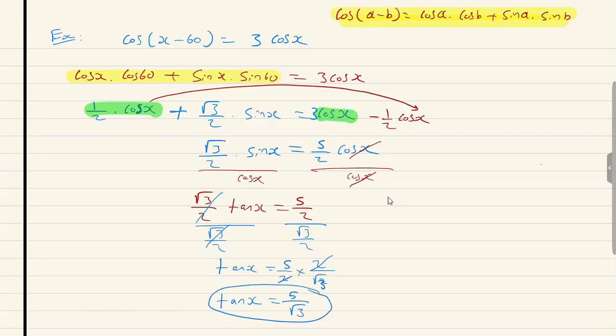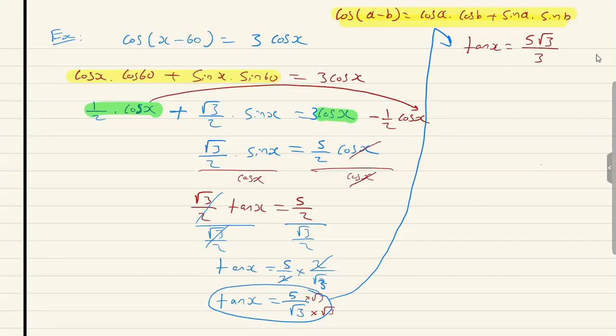Of course, we are not going to leave it like this. We will first rationalize the denominator and then solve. How do I rationalize the denominator? Multiply each side by root 3. Tangent x is equal to 5 root 3 over 3.